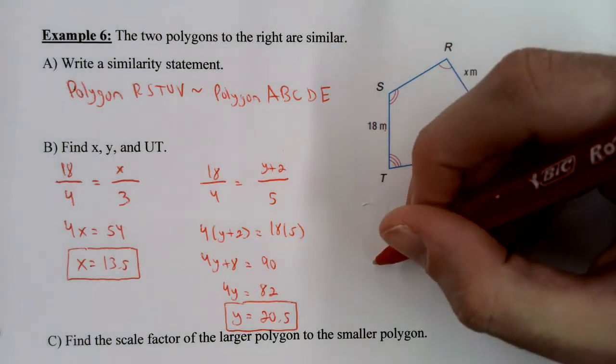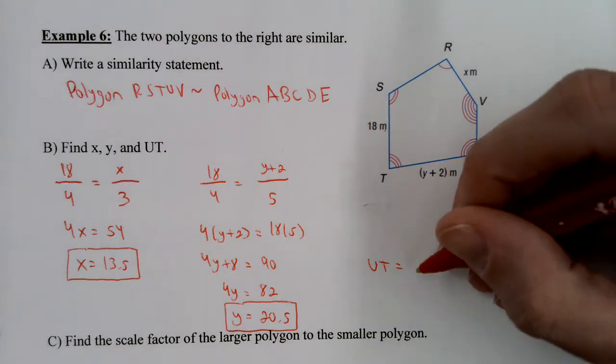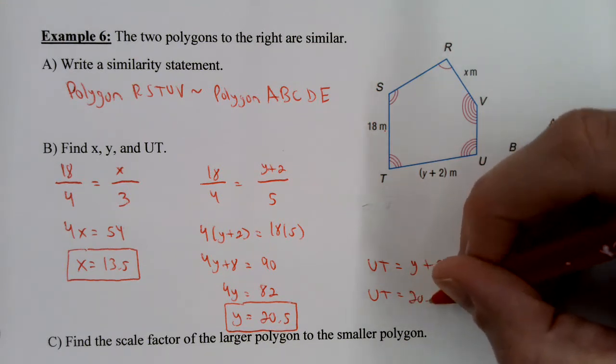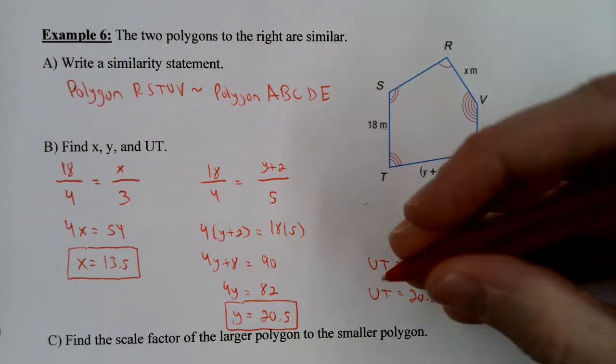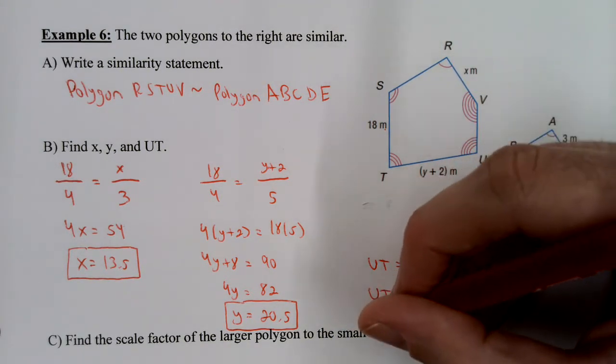Find ut. I said find ut also. Ut equals y plus 2. So I'll say ut equals 22.5. If you want to throw on the meters, you can.